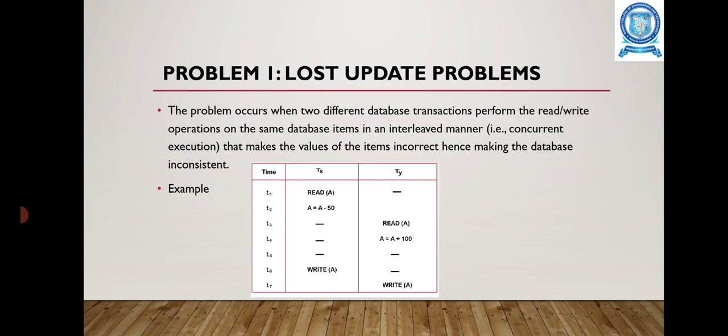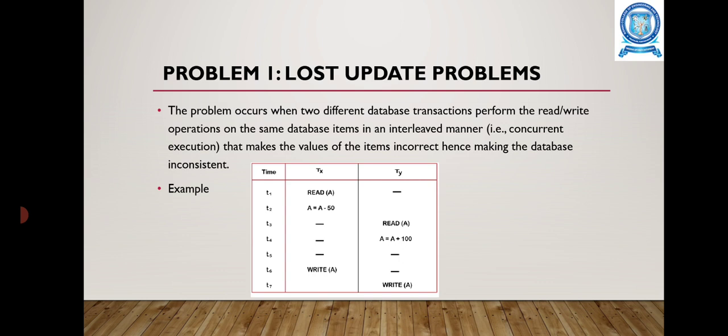At time T6, transaction Tx writes the value of account A, that will be updated as 250 only, as Ty did not update the value yet.